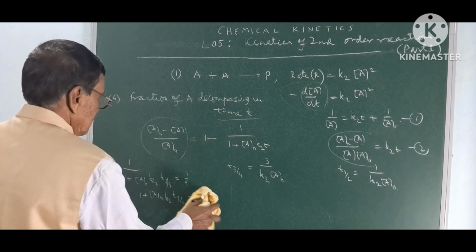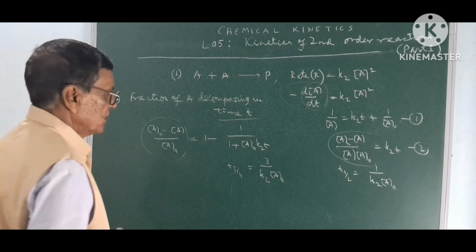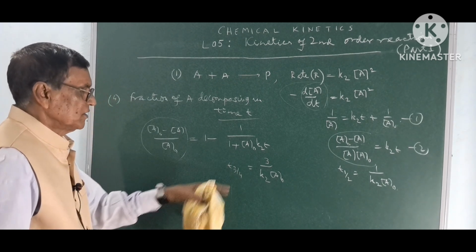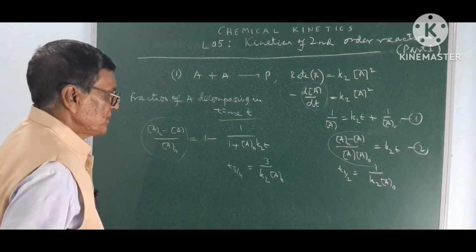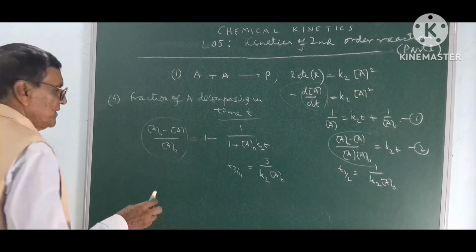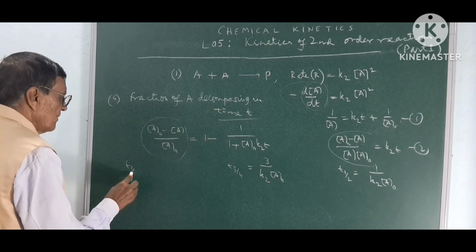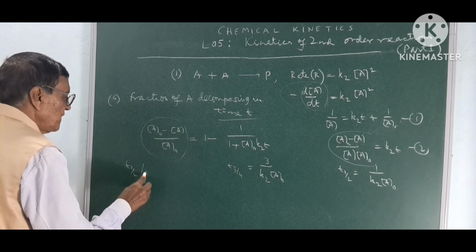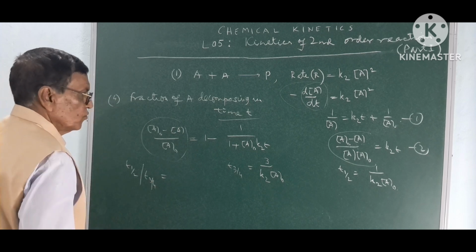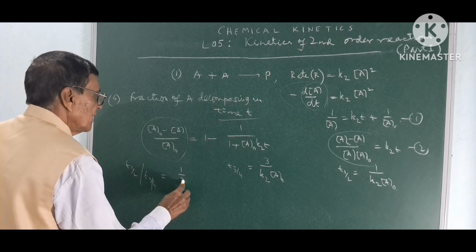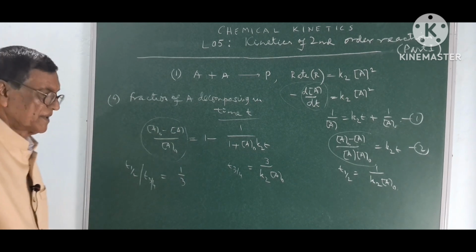So this is the time required for 75% decomposition. If you take this ratio T half by T 3/4, it will be 1/3, a constant.